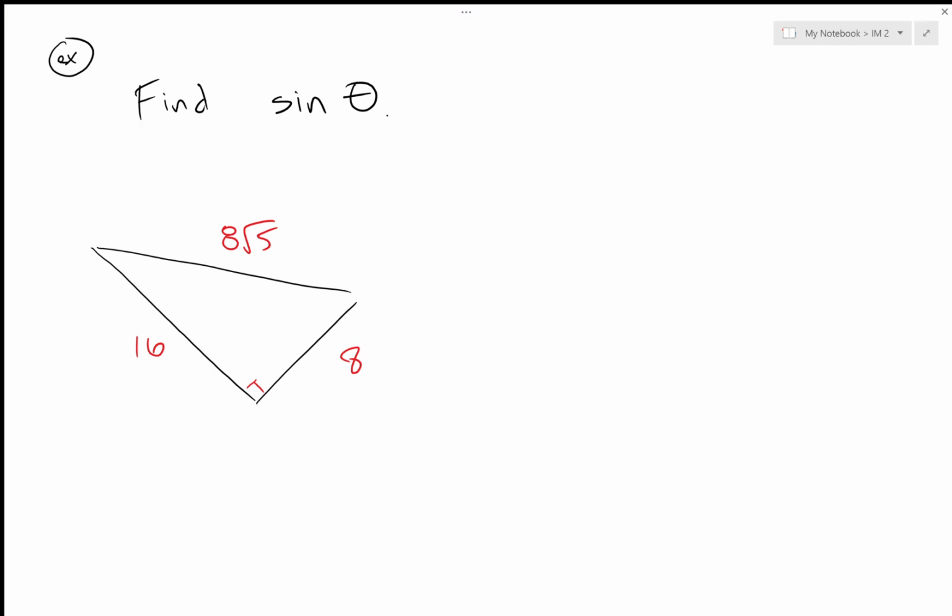And my theta symbol is going to be over here. Now this time it's not asking us to find all 6. It only wants us to find sine, and sine as a ratio. Sine, so SOH, opposite over hypotenuse. I don't need to find all 6, I only need to find this one. So I only really need to label the opposite and the hypotenuse.